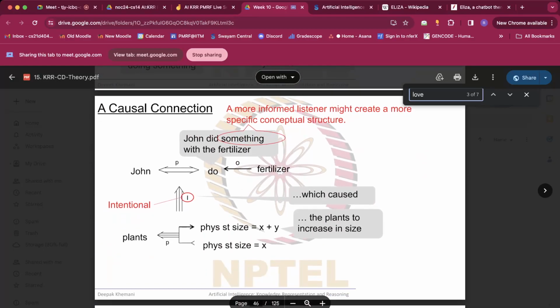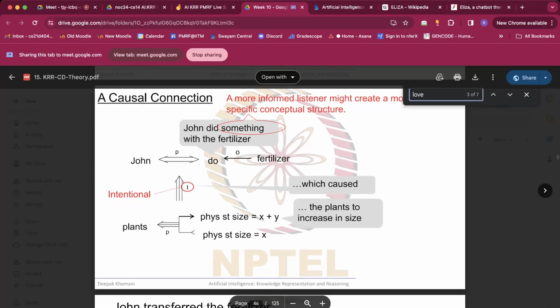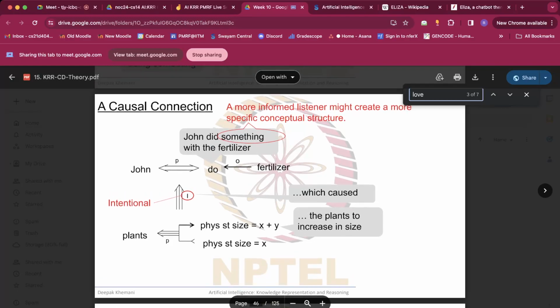So John did something with the fertilizer, right? This is an example of a more informed listener, where a more informed listener might create a more specific conceptual structure. So this would involve something like a causal connection.